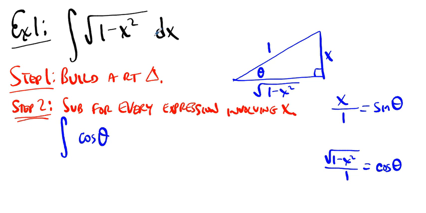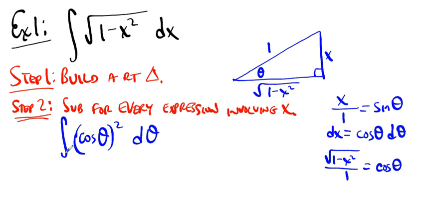Now, what's dx? Well, I know that x is sine theta, so dx is cosine theta d theta. Cosine theta d theta. You know what? We did this yesterday. We talked about how to do this, and that's step 3.